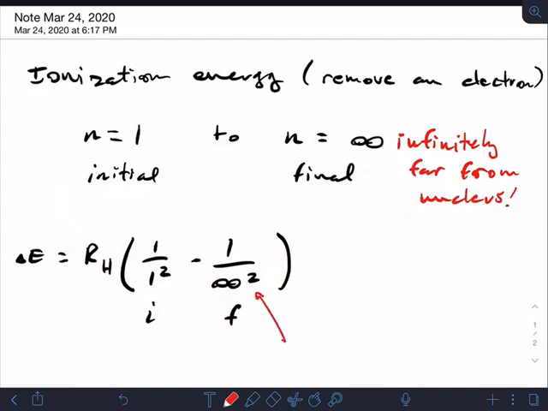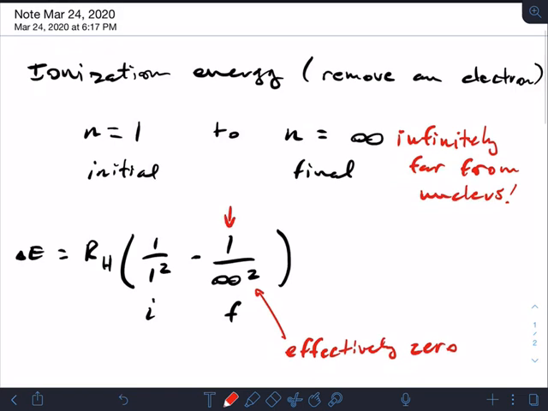Now, that term is effectively 0, because infinity being the largest, 1 over an infinitely large number basically makes that term 0, right?